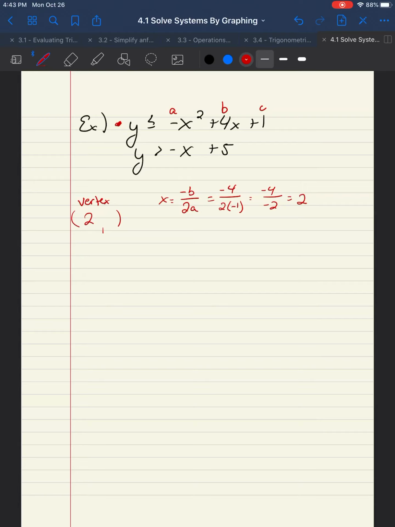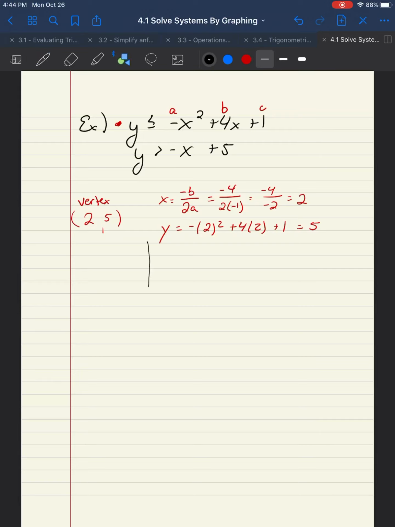And then what do we do to get the Y value? We plug it in. And we get 5.